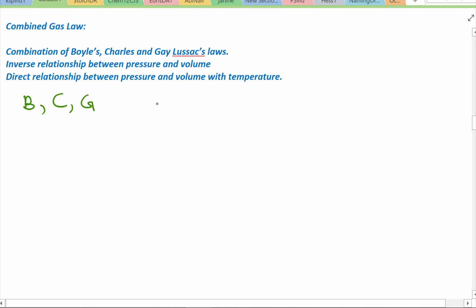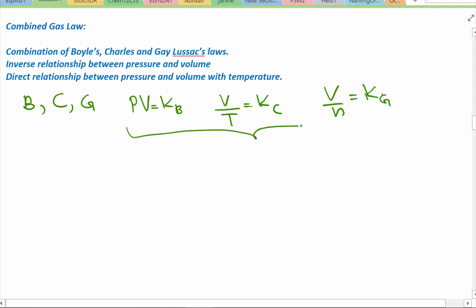Now, the most used one is the combined gas law. That's actually Boyle's, Charles's, and Gay-Lussac's laws together. So PV is K_B from Boyle's, V over T is K_C from Charles's, and V over N is K_G from Gay-Lussac's. You put everything together, so K_B, K_C, and K_G make one big constant K, whatever it is, a numerical value.